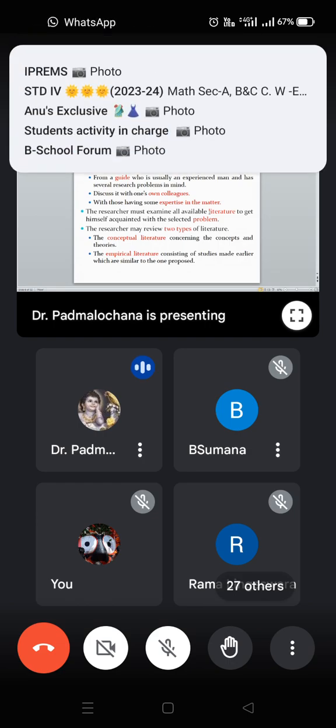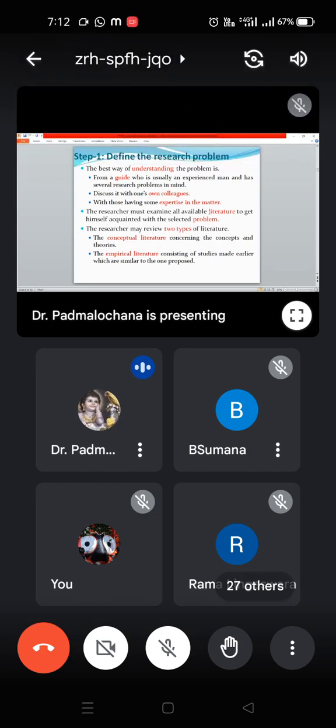And literature may be of 2 types. As I told you, talk to guide, talk to colleagues, talk to the people who are experts, and go for literature review. In literature review, there are 2 types. One is known as conceptual literature, related to theory, concept. There is empirical literature. For example, you have selected the title, a study on the impact of smoking on breast cancer of women.